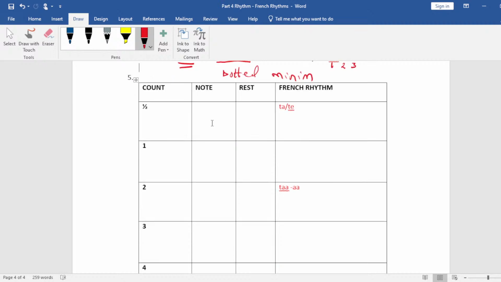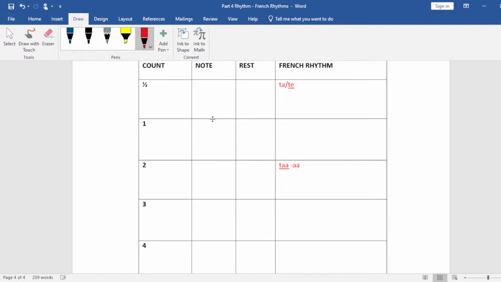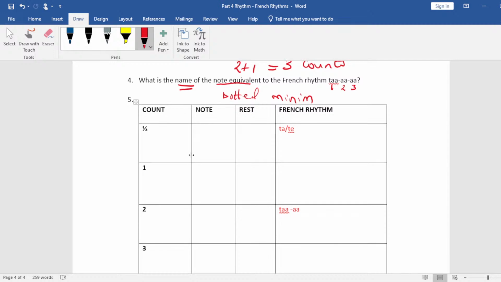Question 5. In this case, you could be asked to fill the table. So I left the question blank to explain what is expected of you because we've already filled it during the introduction section.